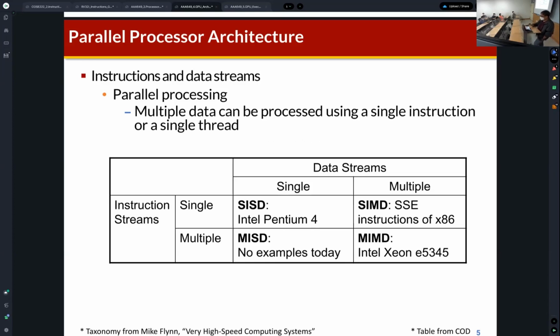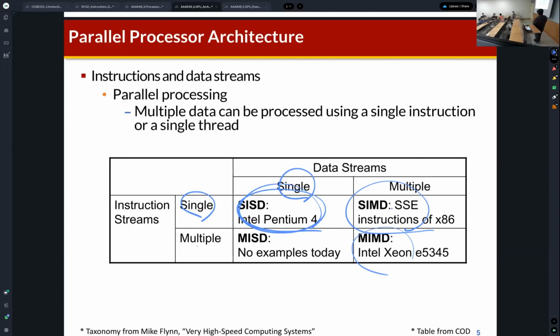We can classify types of processors by the type of input instruction streams and data streams: single instruction single data is the CPU model, single instruction multiple data is called SIMD, and multiple instruction multiple data is called MIMD, which is the multi-core architecture.